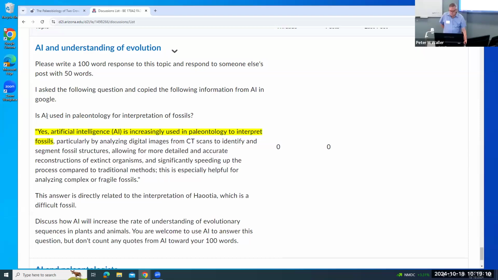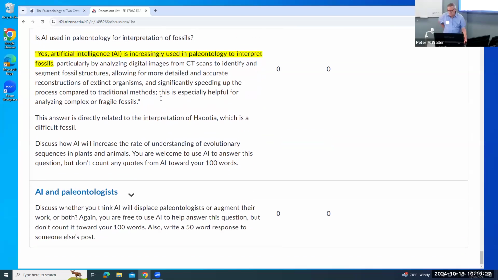So what I did was I asked AI, like Copilot in Bing, I asked it, is AI used in paleontology for interpretation of fossils? And here's the answer.